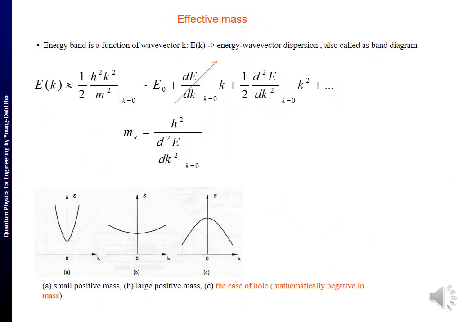And then effective mass. It is not mass, it is effective mass. Probably you heard of this. Effective mass is the mass in semiconductor materials and also general crystalline materials. This is actually very important.